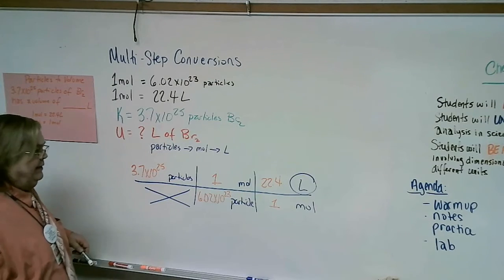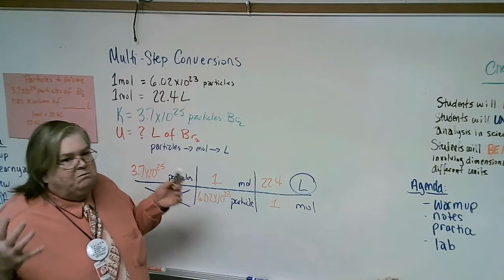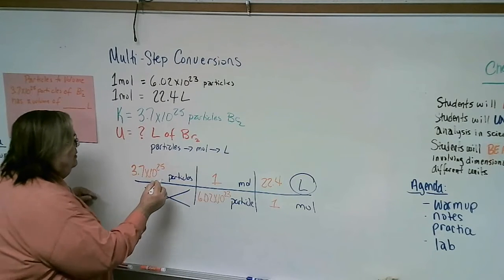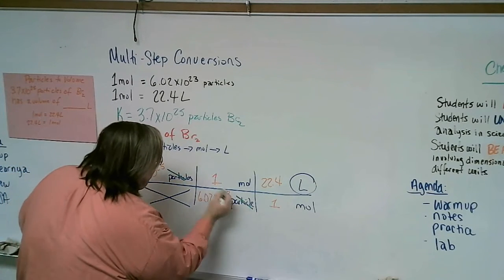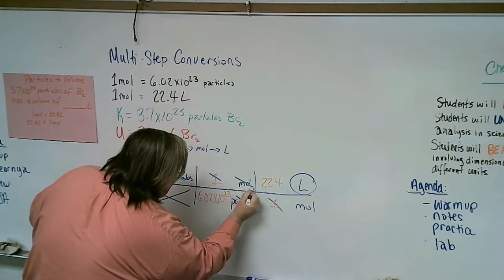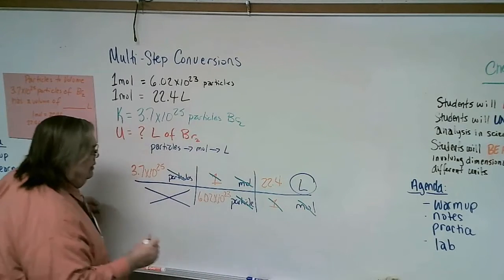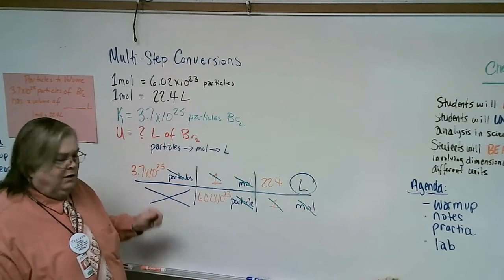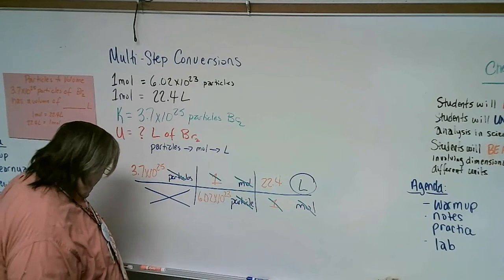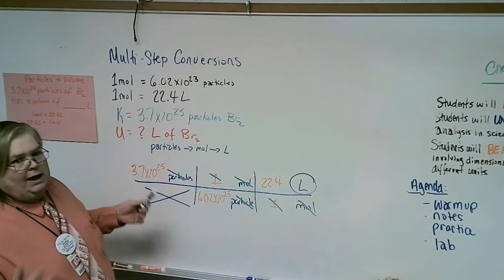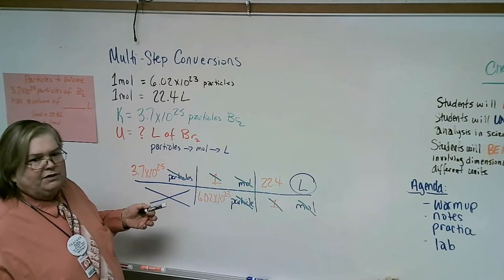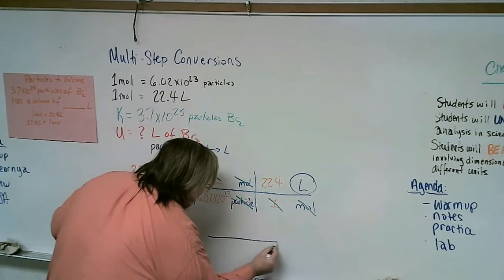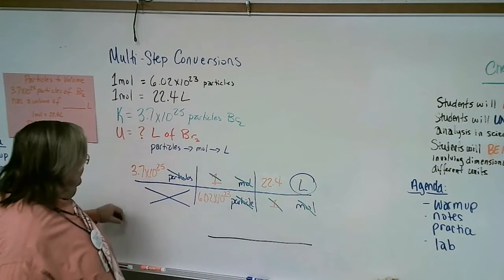We still have some things we need to do. This is math. Like terms cancel out. So the particles go, the 1 goes, the mole goes. We are left with 1 unit, which is what we're looking for, and numbers. So now we're down to strictly math. This is still set up as a fraction, so let's put our bar in.